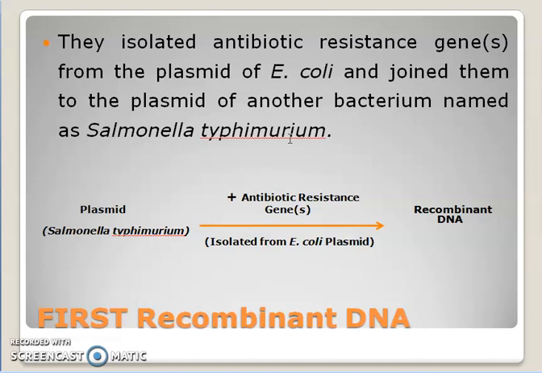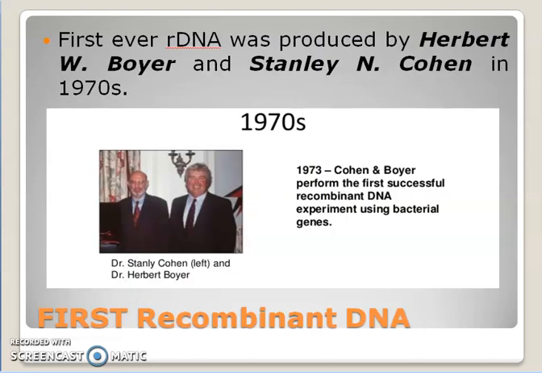So they isolated the antibiotic resistance genes from one bacterium, that is E. coli, and they joined these genes to the plasmid of another bacterium, that is Salmonella, and by this joining they produced the first ever recombinant DNA. Accordingly, the origin of recombinant DNA technology is because of these two scientists, Stanley Cohen and Herbert Boyer.